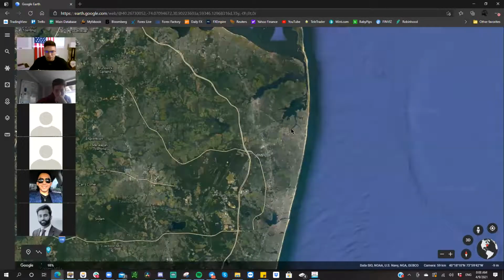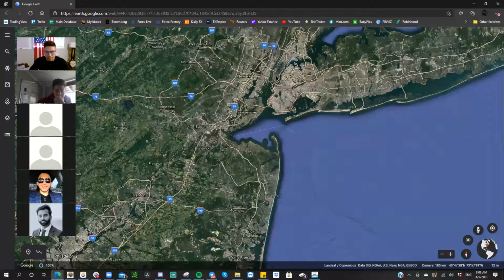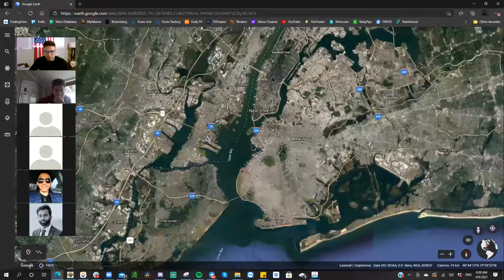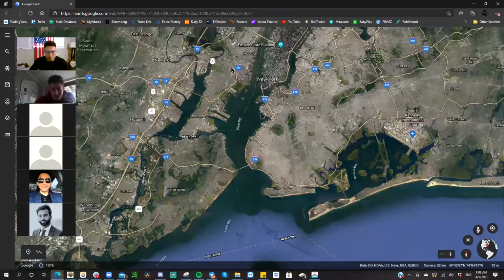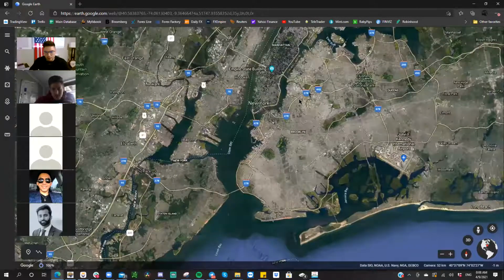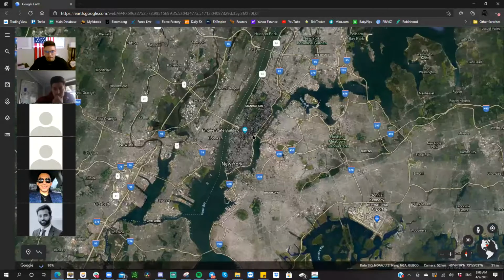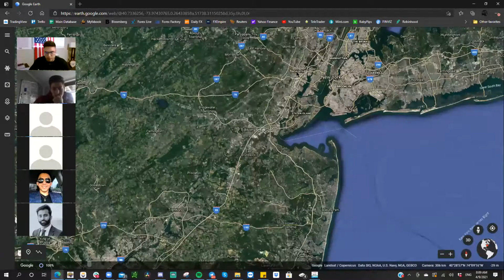Just giving you a comparison, this is New York City. This is Manhattan right here, the island of Manhattan. You got Brooklyn right here, Bayonne, Hoboken, Jersey City right over here, Staten Island, Queens, and then the Bronx. We have Newark Airport right up here.